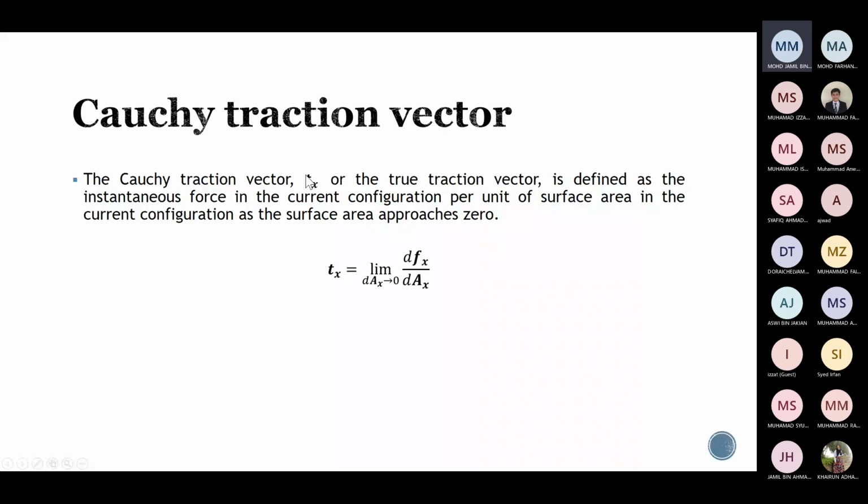We define it as T small x. So it is the true traction vector or true stress. Okay? It is defined as the instantaneous force in the current configuration per unit surface area in the current configuration. So it's basically dF small x over dA small x.